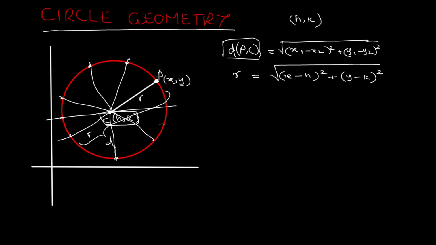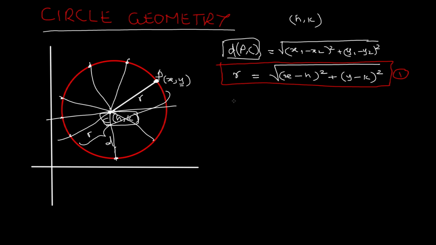So if you get any point on the circumference, on the perimeter of the circle, and we use the center, then we're going to get the equation for radius, like that. So this is equation number 1.